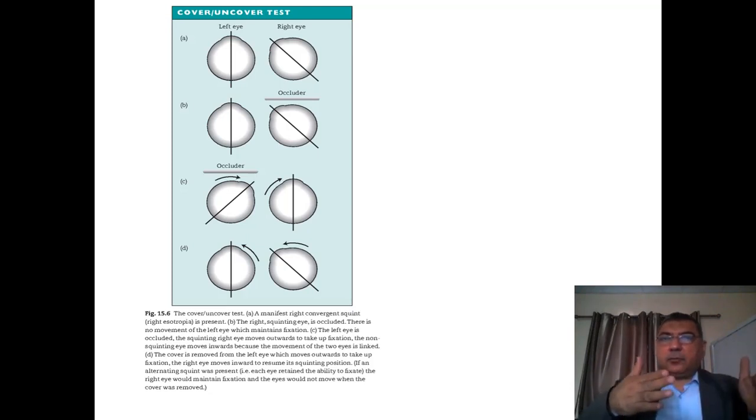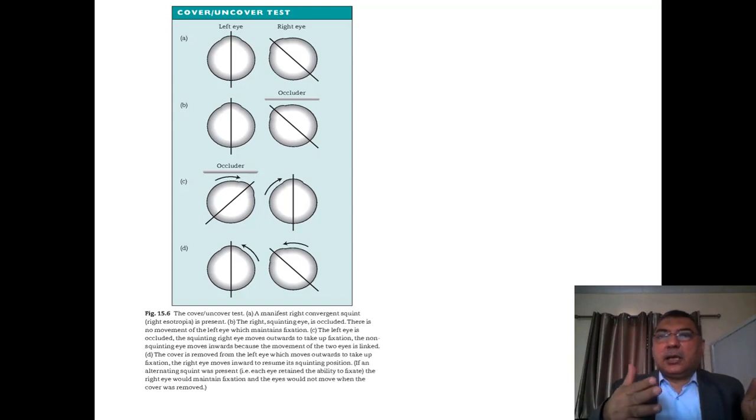If the fixation movement stops, the angle of the prism which we put in front of the eye is equal to the angle of strabismus. And usually we multiply the angle of the strabismus, which we calculate by the Hirschberg or corneal light reflex test, by 2.